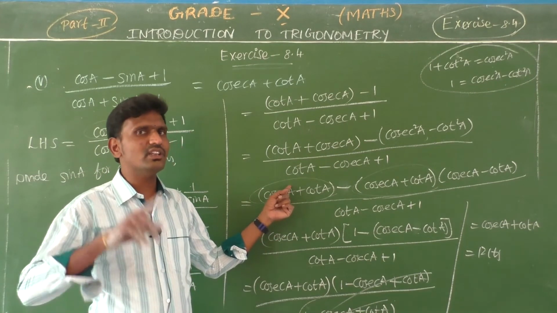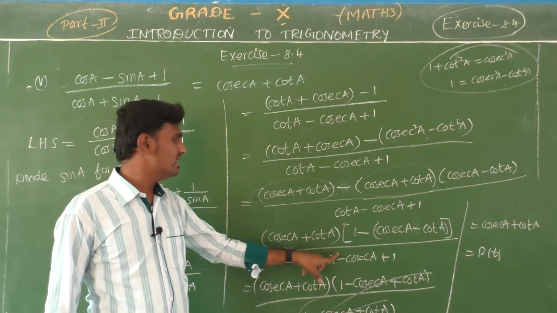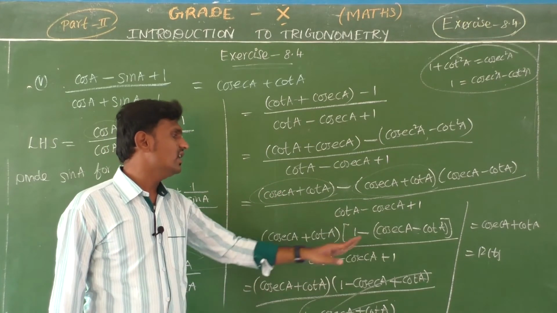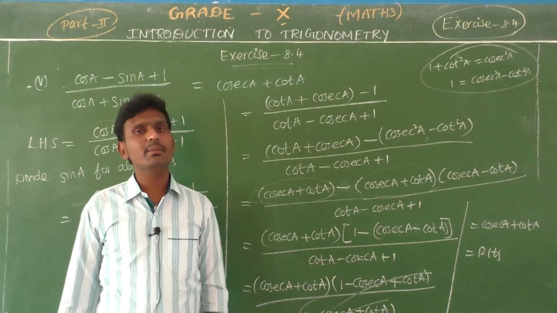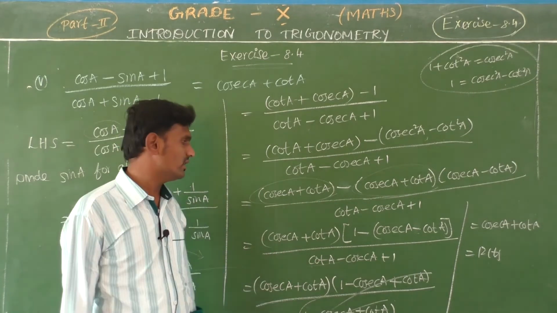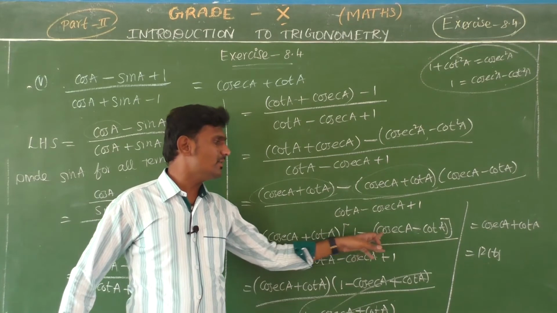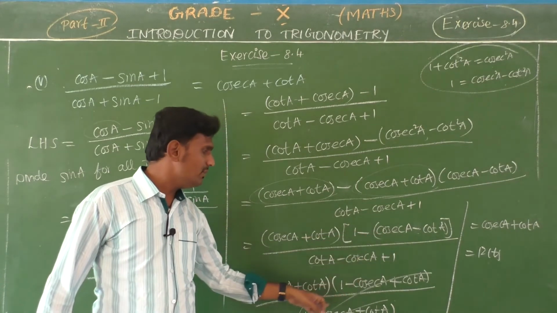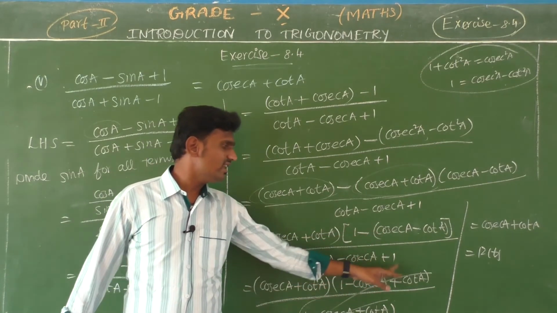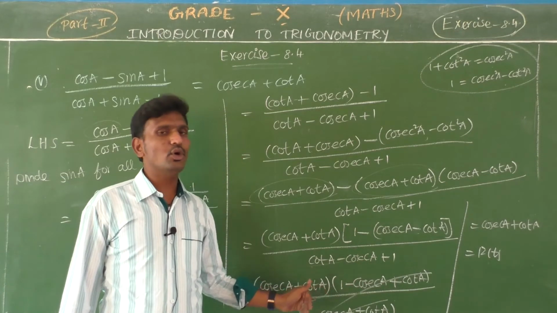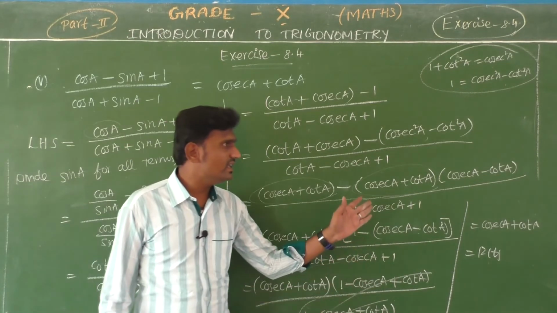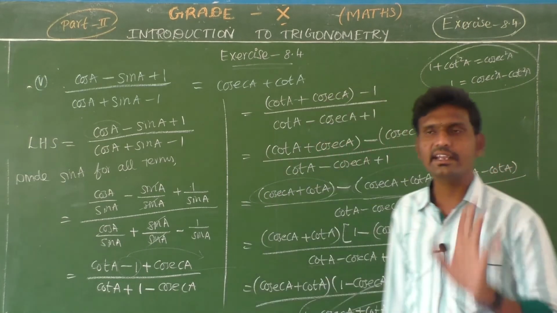This is fully out, so 1 only. So 1 minus cosecant A minus cot A, the whole divided by cot A minus cosecant A plus 1. So enter the minus inside the bracket to eliminate that 1 minus cosecant A plus cot A in both numerator and denominator to get the final answer in the right side.